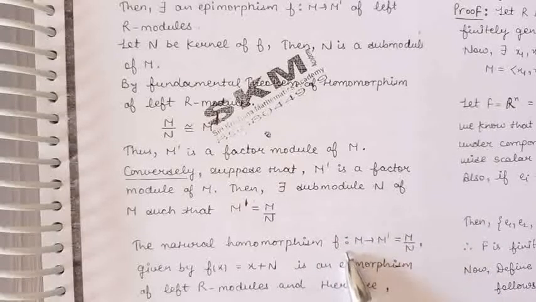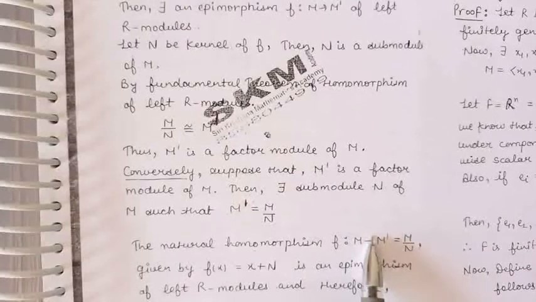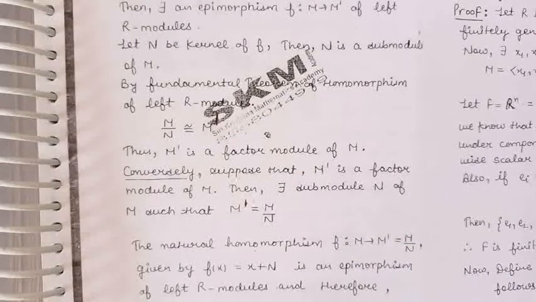So we can say that M dash is a homomorphic image of M. Thus we have proved that the homomorphic image of a module M is precisely a factor module of M. We will use this result in our theorems later.